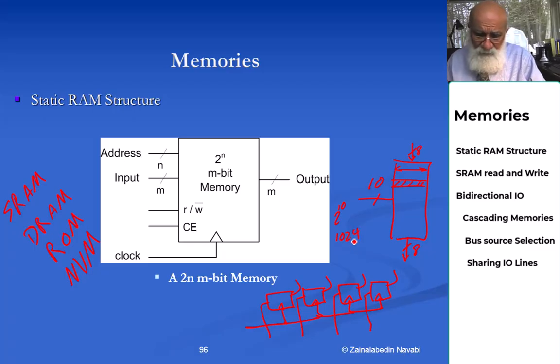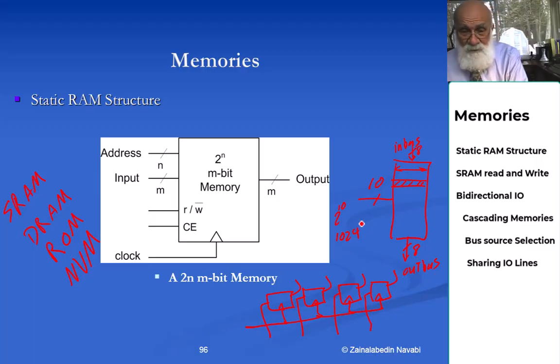Okay, so what I'm showing here on the right hand side is a memory with an input bus, an output bus, and an address bus, which is 10 bits. The input bus is 8 bits, the output bus is 8 bits, the address bus is 10 bits, and here you have 1024 8-bit words that you can read or write.